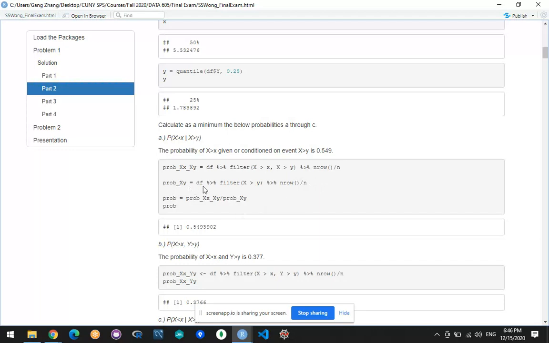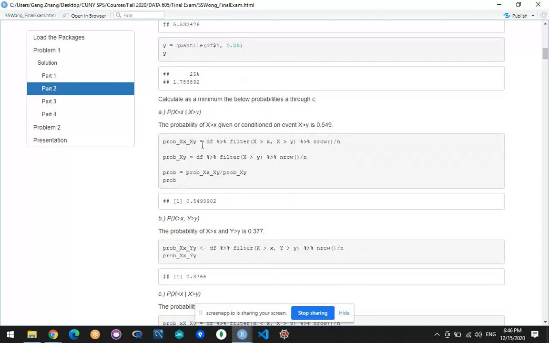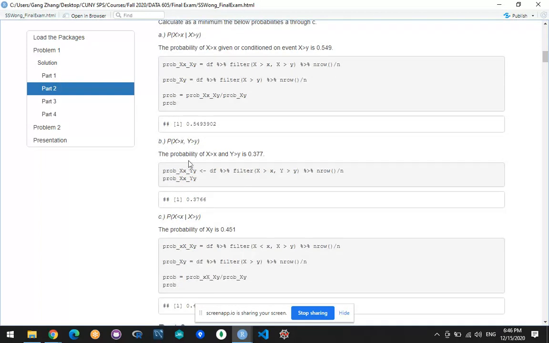Then also do the probability of big S greater than small y, divide by the total number of n, and finally divide the first probability by the second probability, and this gives me the value of 0.549 for this question.